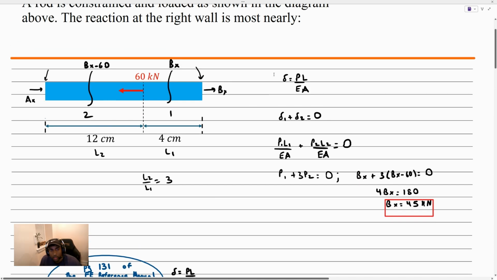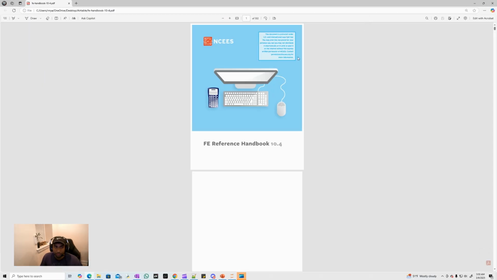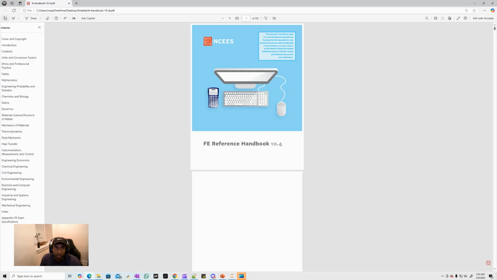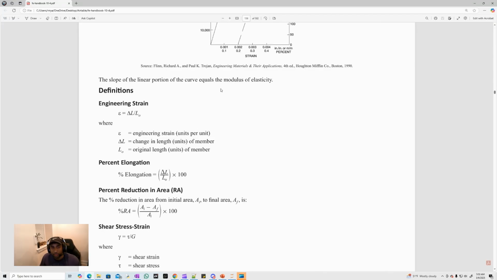Another thing is that if you didn't remember this formula, deflection due to a uniaxial load, it might take you some extra time to solve a problem like this. First thing I would do is look in the handbook. Because this problem is about deflections, we know that it's not a statics problem, it must be a mechanics of materials problem, so let's go to that section.